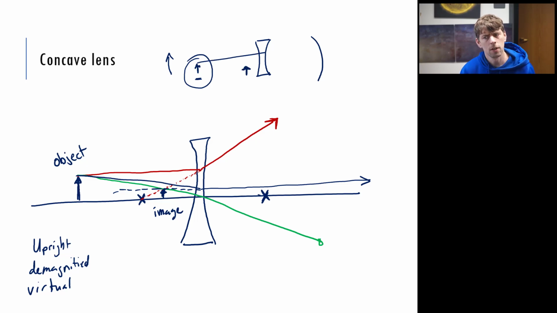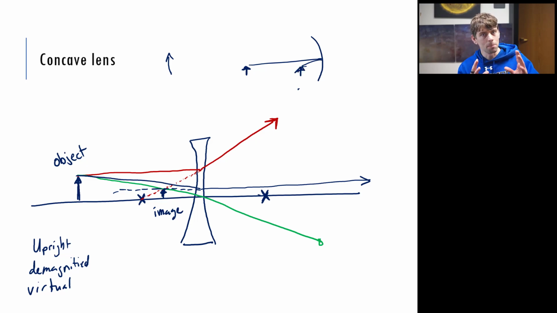And of course, the image for the second lens becomes the object for the third lens. And so then you do your analysis again to find the final image location. And so then you have completely analyzed the system of optical elements.